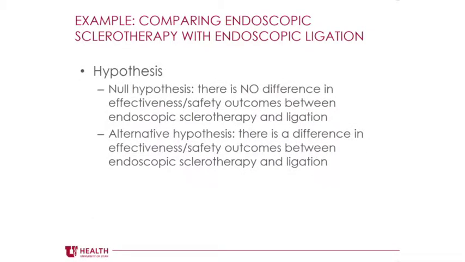Here are the hypotheses in their literature. The null hypothesis is there is no difference in effectiveness or safety outcomes between these two different types of therapy, the sclerotherapy or the ligation. The alternative hypothesis is there is a difference in effectiveness and safety outcomes between these two different types of therapy.